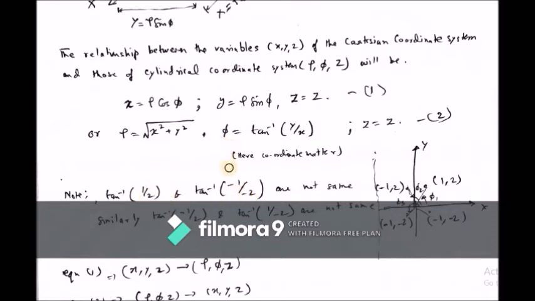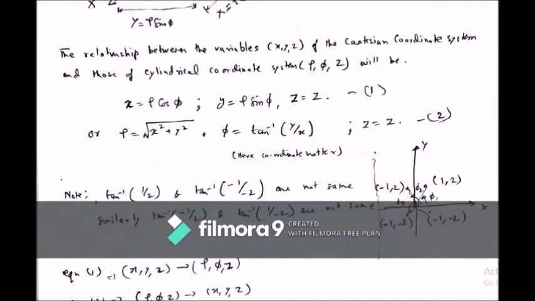Although 1 upon 2 and minus 1 upon minus 2 are mathematically the same, their tan inverses are not. For tan inverse of 1 upon 2, x is positive and y is positive, so the point is in the first quadrant, meaning the angle is between 0 and 45 degrees. For tan inverse of minus 1 upon minus 2, x is negative and y is negative, and this angle is between 180 and 270 degrees.